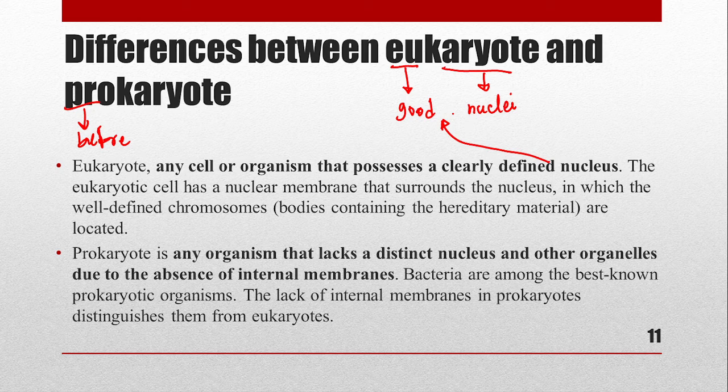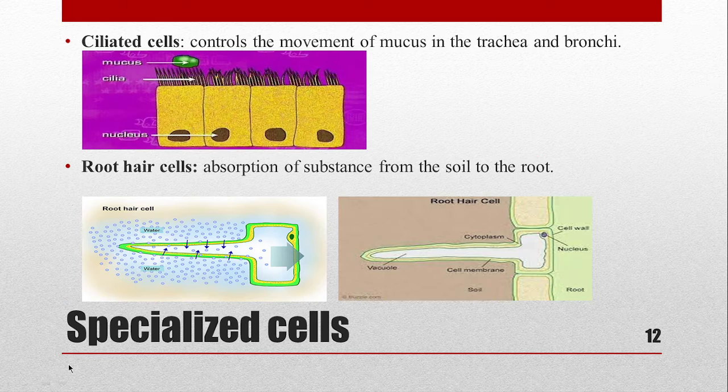The eukaryotic cell has a nuclear membrane that surrounds the nucleus, in which the well-defined chromosomes, bodies containing the hereditary material, are located. A prokaryote is any organism that lacks a distinct nucleus and other organelles due to the absence of internal membranes. Bacteria are among the best known of the prokaryote organisms. The lack of internal membranes in prokaryotes distinguishes them from eukaryotes.